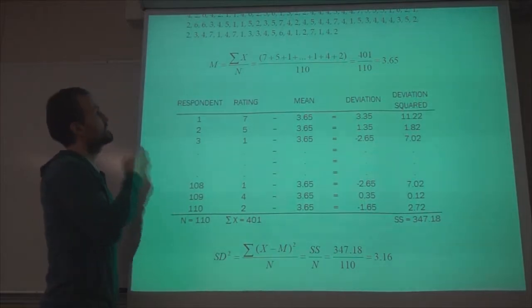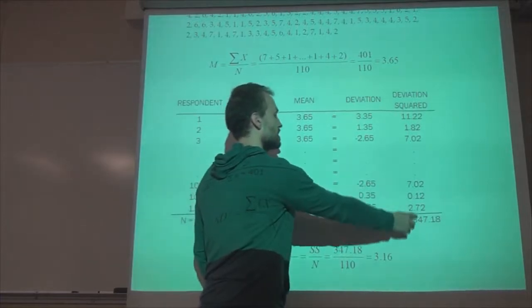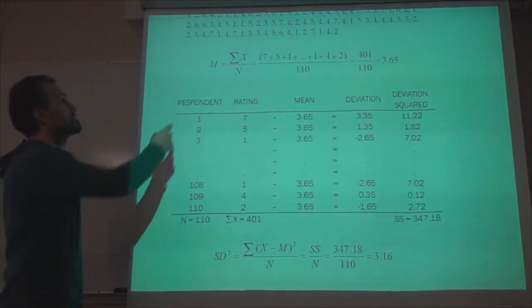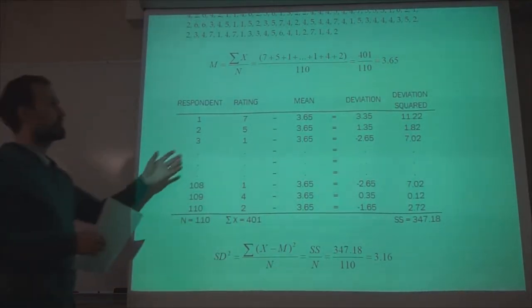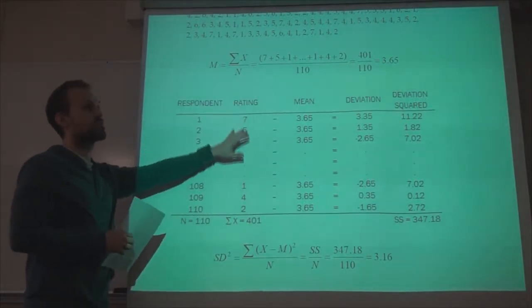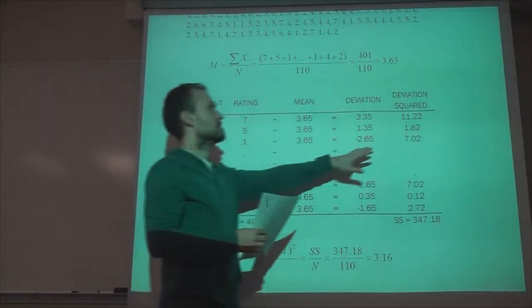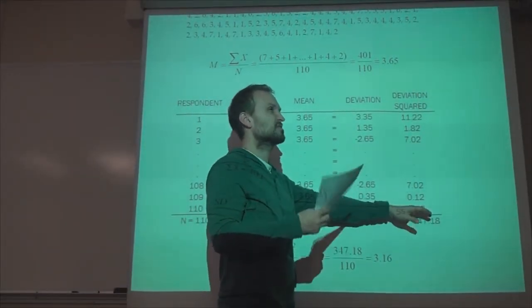The problem is that these numbers are squared. So this is not the same as a rating value because I squared it. If I'm talking about the height of people, for example, and I measure the actual scores in inches, then the deviation values will still be in inches, but if I square them, now it's inches squared.